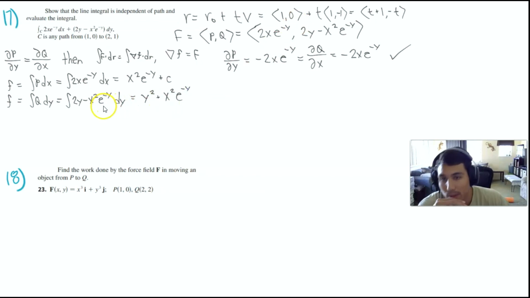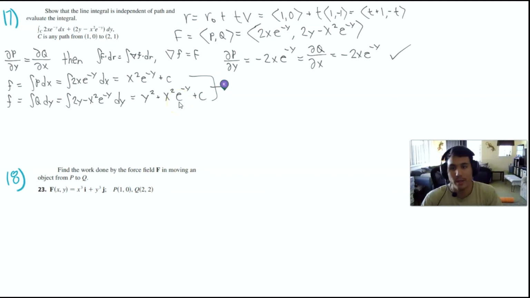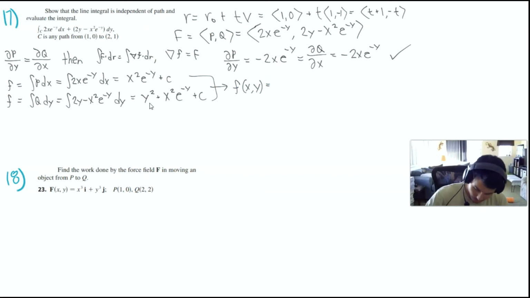If we integrate with respect to y, this part e to the negative y, that becomes a negative 1 under here. The negative 1 times negative, that's what we get. And then you see that we have two common terms, and we have the same constant, we have y squared. So f of x comma y is equal to x squared e to the negative y plus y squared plus c.